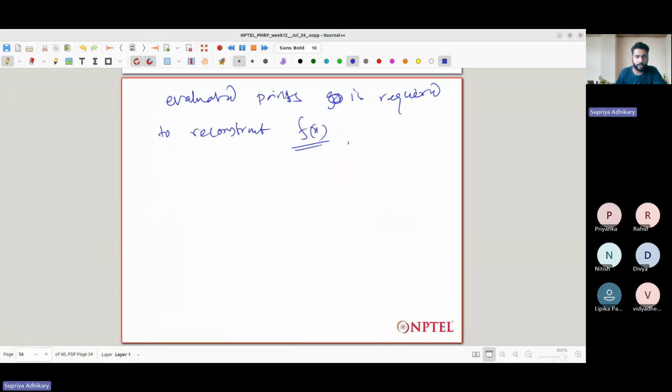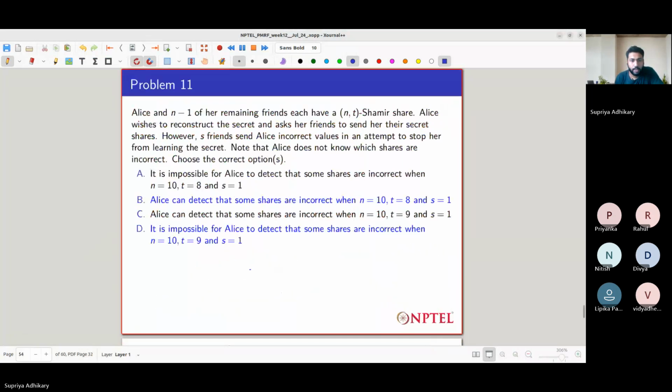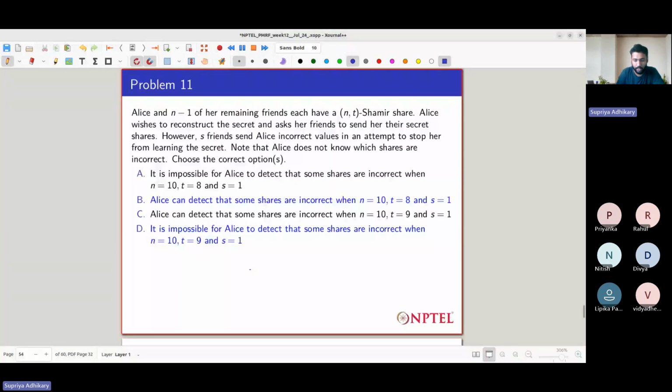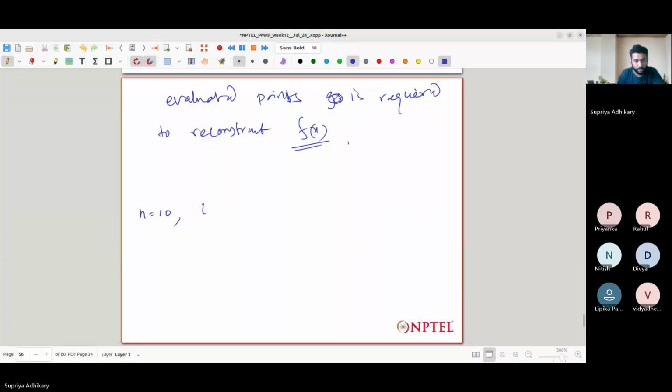But over here, what we are given is that Alice has n minus 1 many friends, and s many friends will give incorrect information. In the first question, we are given n as 10, p as 8, and s equal to 1.